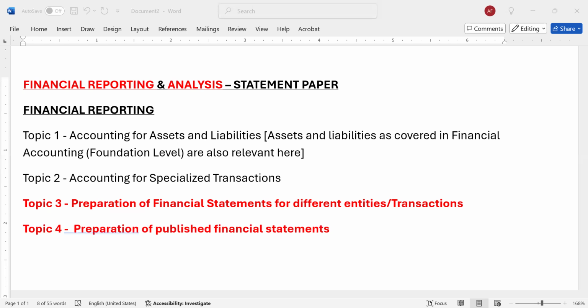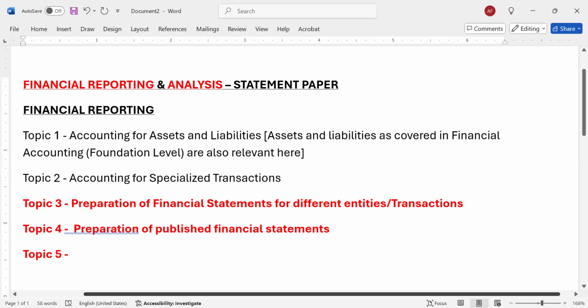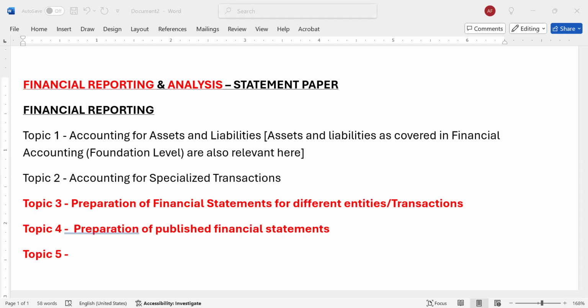So this is topic number 5. Mwalimu is saying that I know you're used to consolidation, yes, but ideally this topic we normally refer to as accounting and financial statements for interest in other entities.